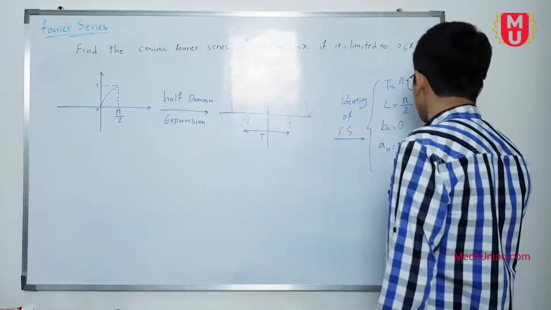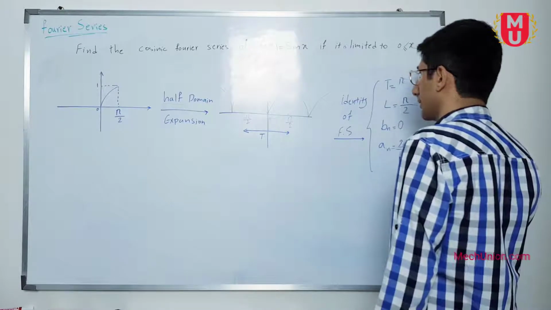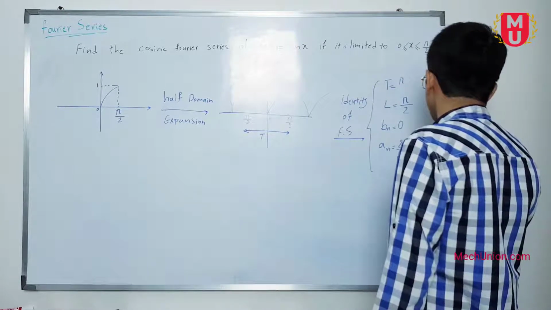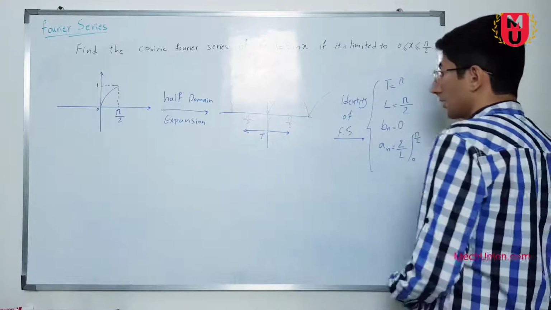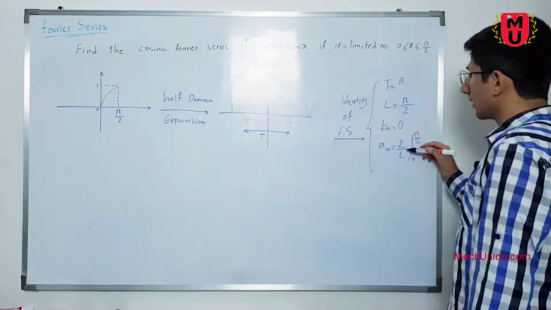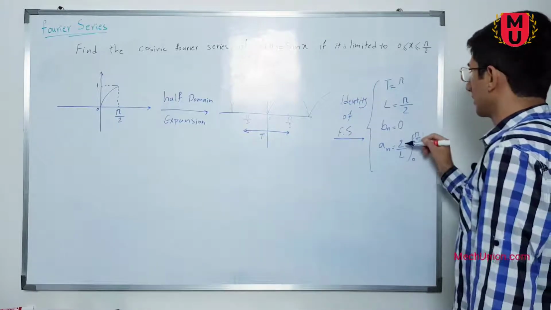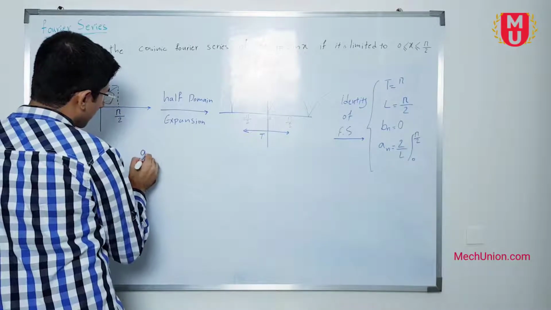An is 2 over L integral from 0 to pi over 2. We just calculate the half region and multiply by 2. Okay, we calculate the A naught.